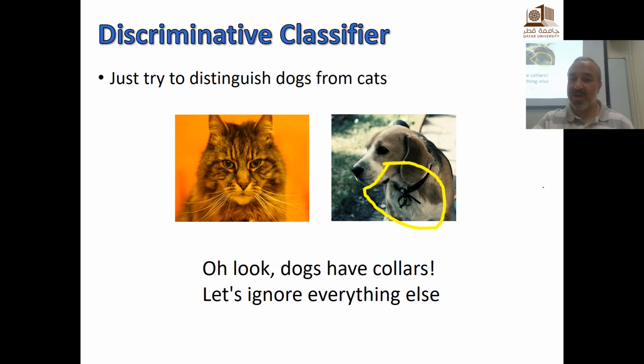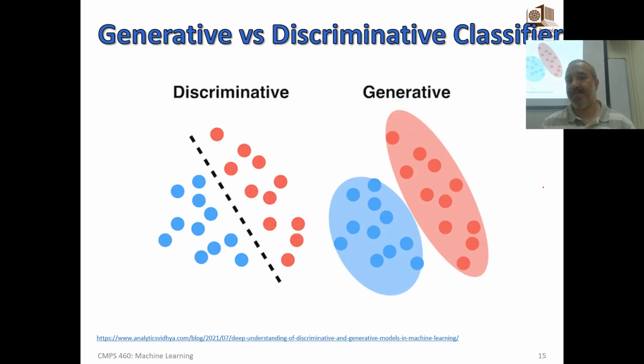So I can generalize this with this diagram. The generative model, or generative classifier, tries to build a model for each class. Then when we have a new example, it tries to find out which model generated this example, based on the models that we trained.